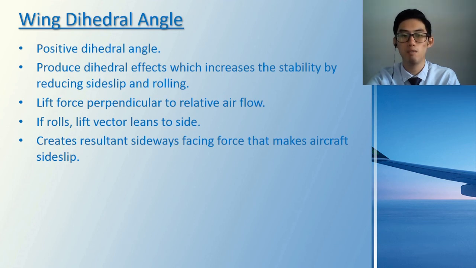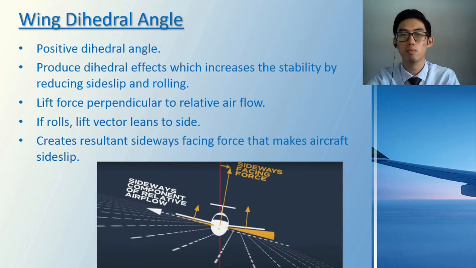As a result of this sideslip, the aircraft is subjected to a sideways component of the relative airflow. Due to dihedral, the lower wing meets the oncoming relative airflow at a greater angle of attack than the upper wing. Consequently, the lower wing produces more lift and helps the aircraft roll back to its original position.